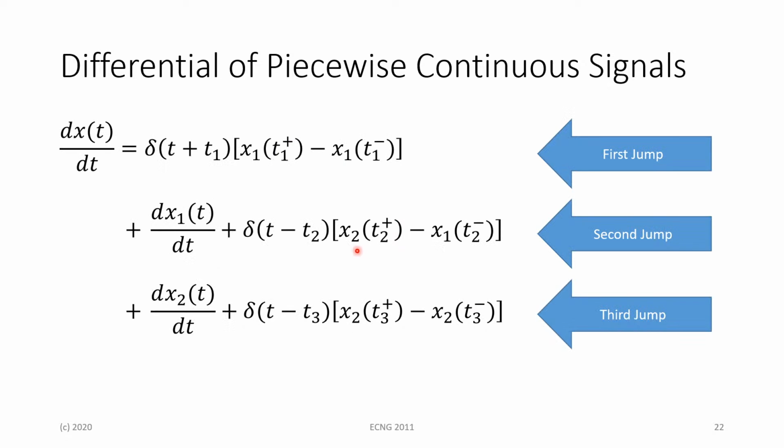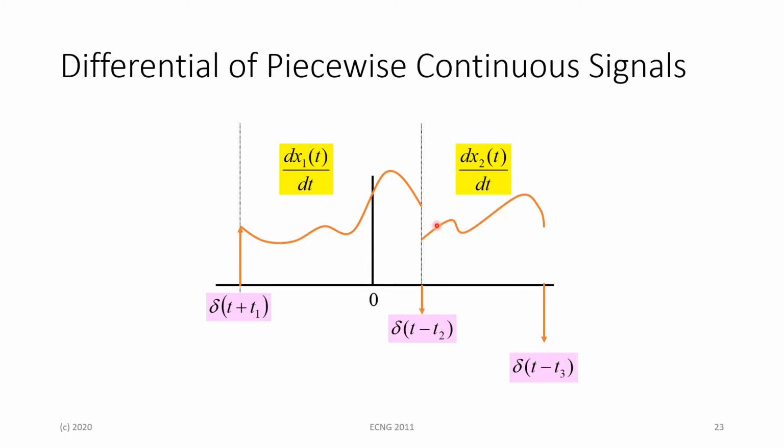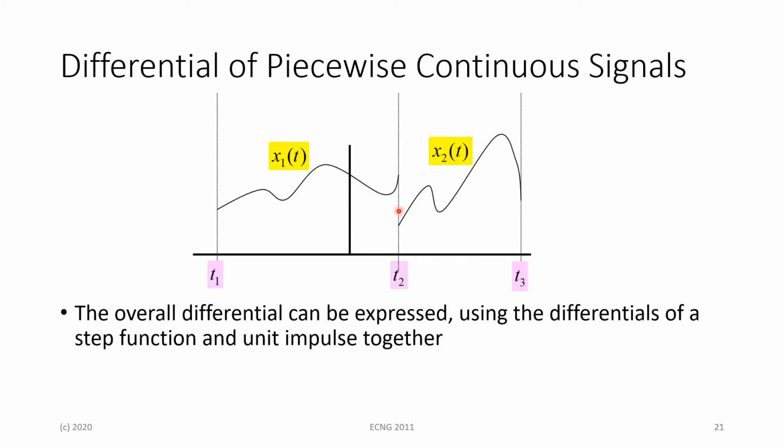So our equation here will be x2 of t2 positive minus x1 of t2 negative. And the reason for this is that x2 of t2 positive is what happens at this point here, and then x1 of t2 negative occurs at this point here, because the signal exists for x1 here before t2, so that will be t2 negative.